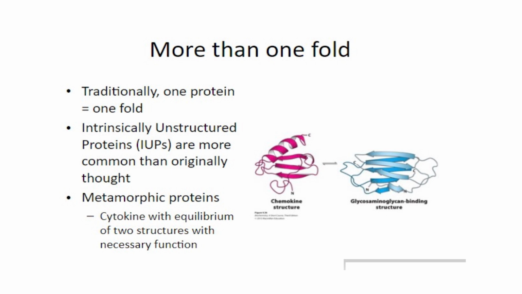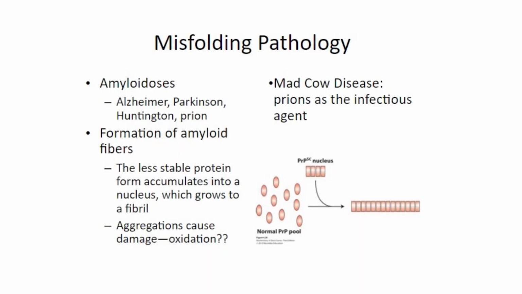Metamorphic proteins fold in more than one way. Sometimes when proteins are not folded or are misfolded, they cannot perform the function they are assigned to, and we can see hereditary or genetic diseases. The misfolding of proteins leads to pathology. Now, we can see Parkinson disease, Alzheimer disease, prions, and there are so many genetic diseases which are related to misfolding of proteins.